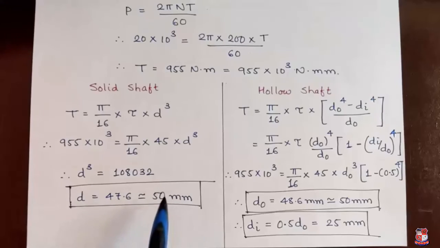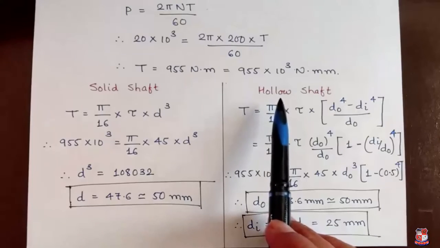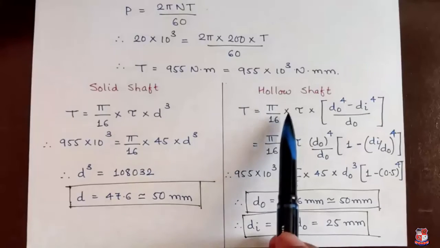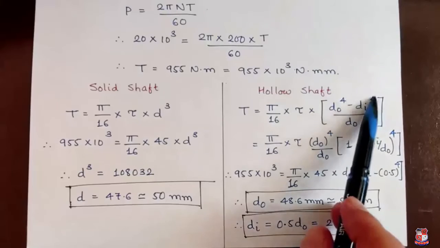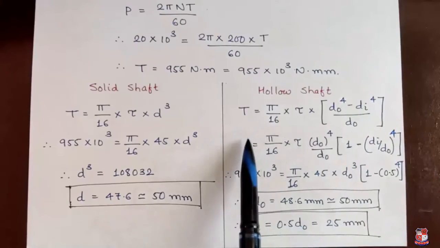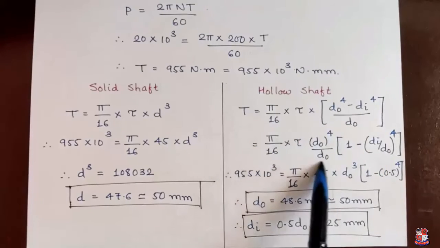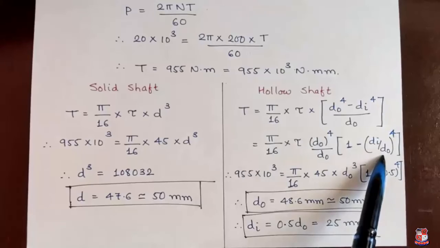Now on the other hand, if we want to find out the diameters of the hollow shaft, then we have the equation T = π/16 × τ × (do⁴ − di⁴)/do. Now we will modify this equation because the ratio of di/do is given in the data.